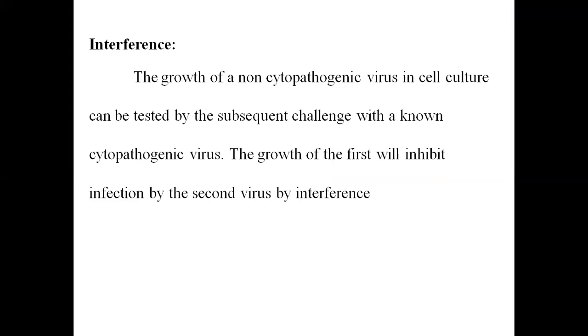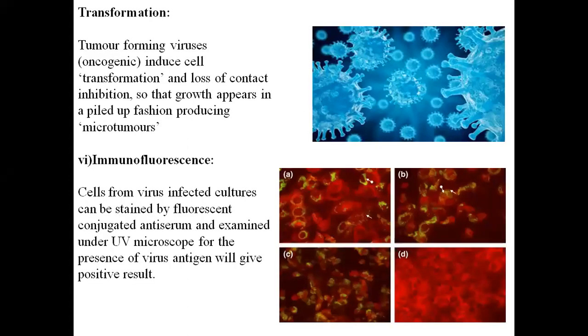The growth of the first will inhibit infection by the second virus. So the non-cytopathogenic viruses already in the medium will dominate the second virus, and there won't be any growth of the cytopathogenic virus. From that we can conclude that the non-cytopathogenic viruses are growing in the cell culture.